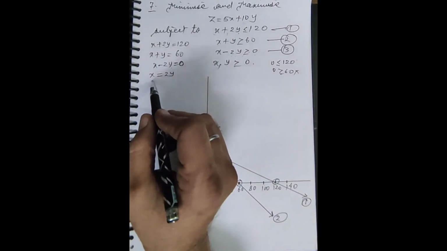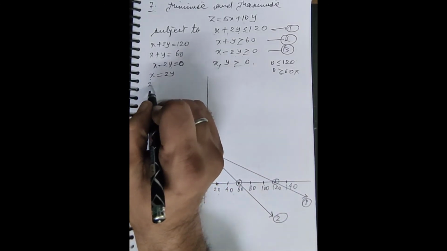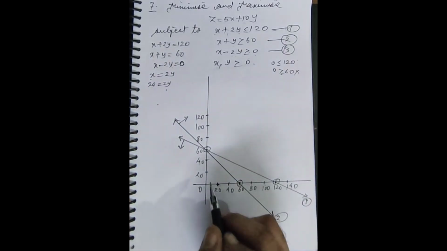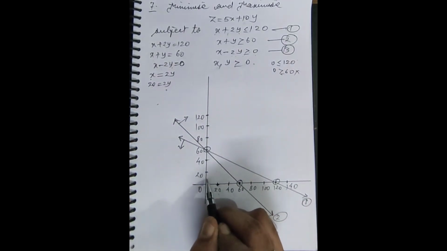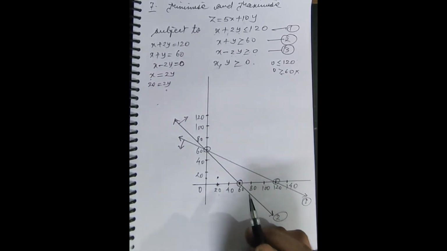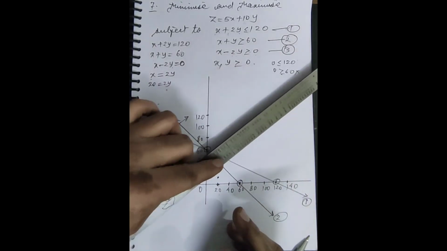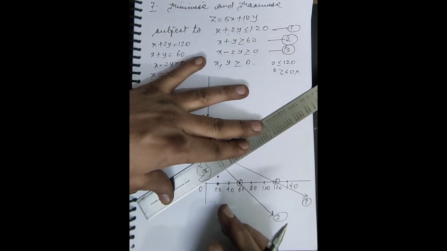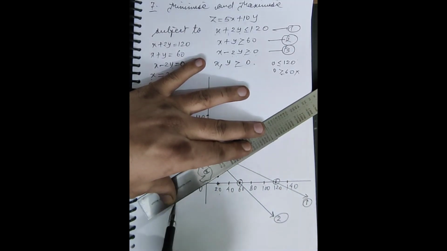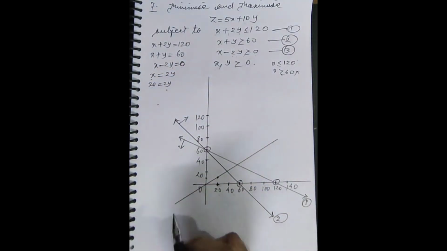So taking x equal to 20, I find y is 10, which is half of 20, so around here. Roughly we can take it. On graph paper this will become more convenient. So this way we can plot the last one.